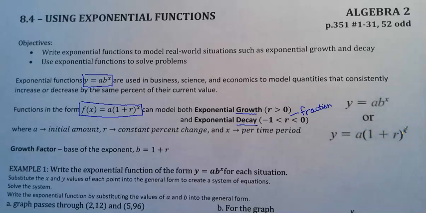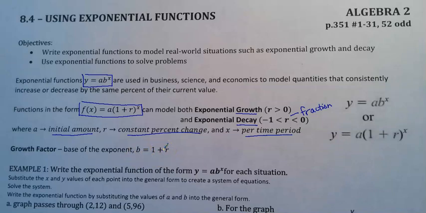These are exponential growth and decay functions, where a, the first term, is the initial amount. r is our constant percent change, and x is the number of time periods. Now, the growth factor, or the base of the exponent, is your b, and that equals the 1 plus r.